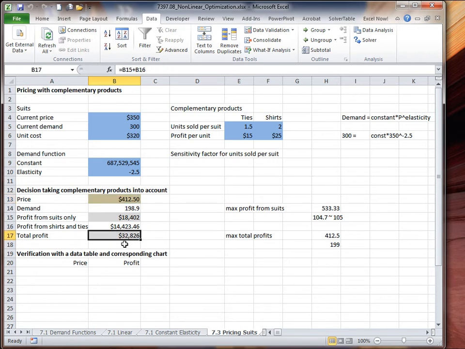And we could do the same thing we did before. Let's go ahead and see if we can draw a graph that gives us some kind of economic evaluation here. So let's start at 350 and just go up by 10 each time.